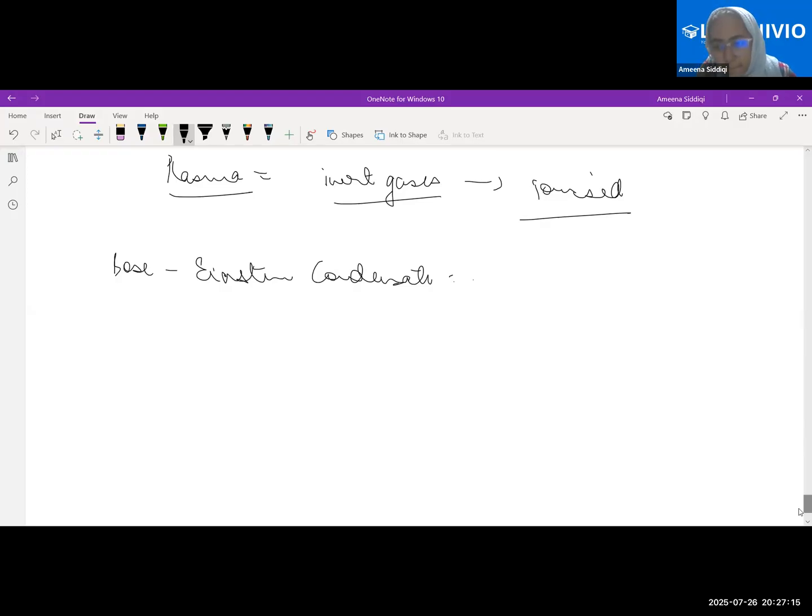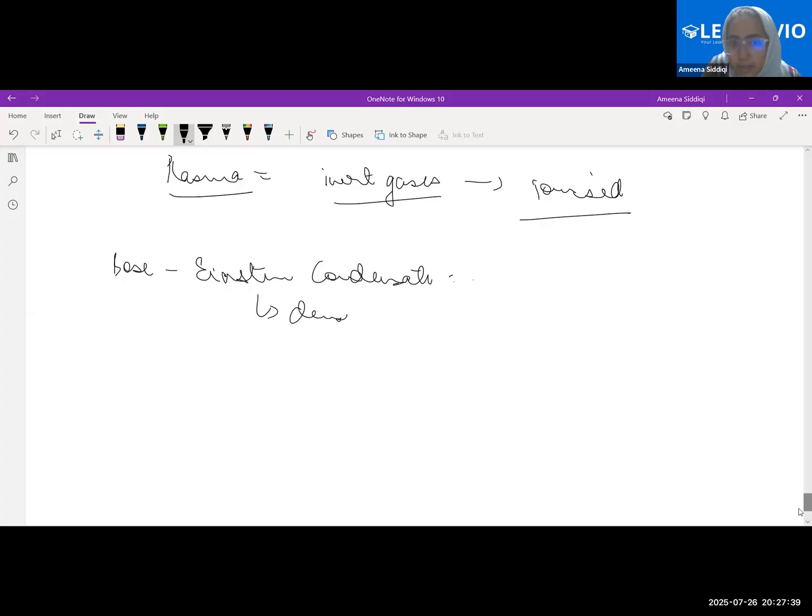Generally, we have something called superconductors. They are actually operated in this state because they need a very low temperature.